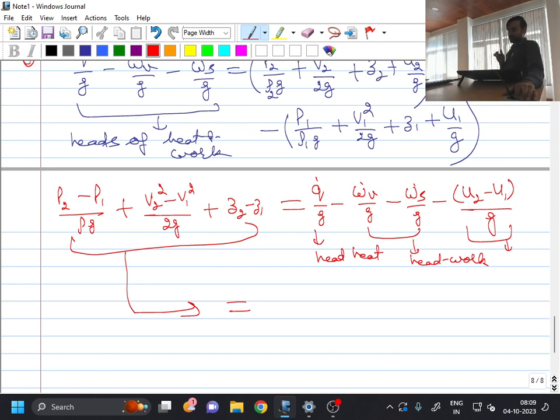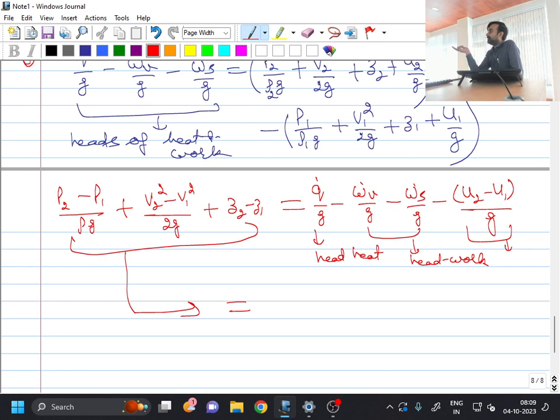What is this P2 minus P1 by rho g? This is the difference of pressure head between outlet and inlet. This is the difference of velocity head and potential head between outlet and inlet. Now if between outlet and inlet I have a long pipe, what will happen?